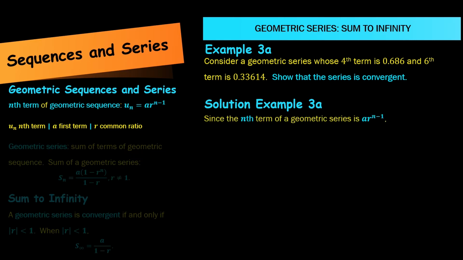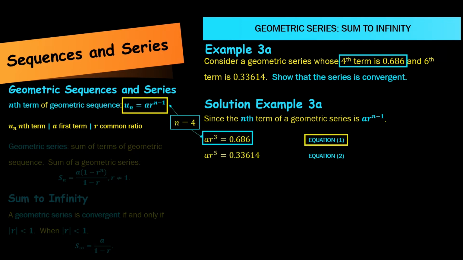Since the nth term of a geometric series is a times r to the power n minus 1, we have ar cubed equals 0.686, since the fourth term is 0.686.